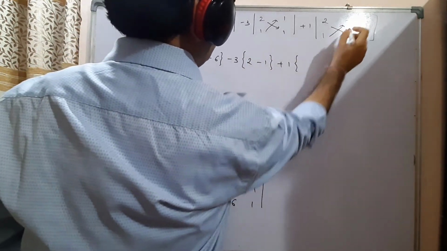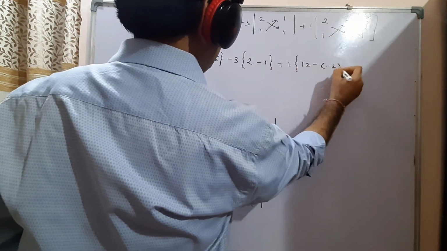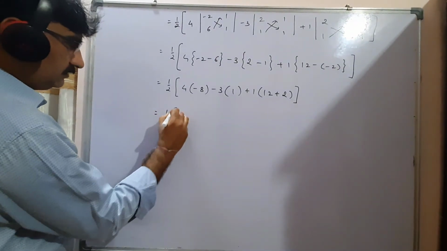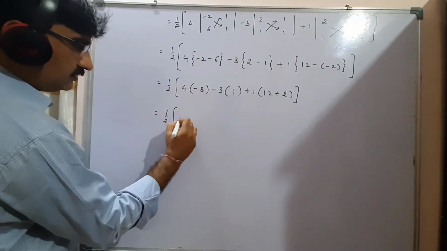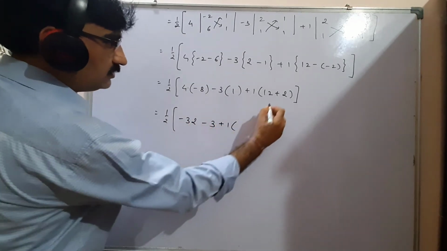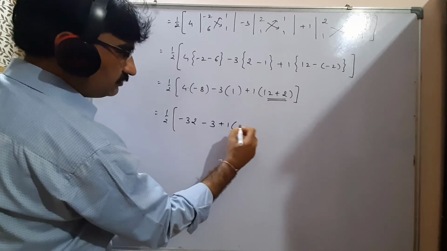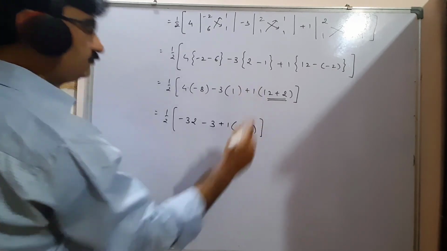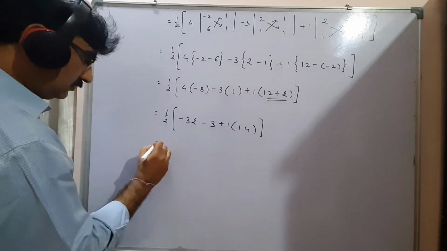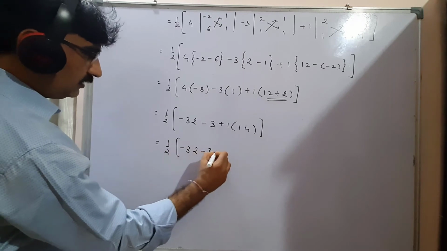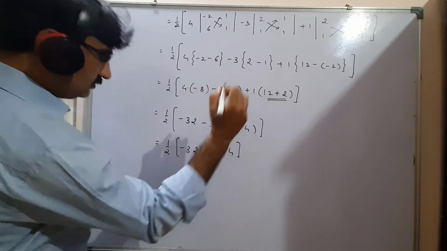Again cross multiplication, 12 minus of minus 2. So what we get here then? 4 into minus 8, minus 32, minus 3, plus, take addition first, bracket we solve, 14 into 1. So half minus 32 minus 3 plus 14.